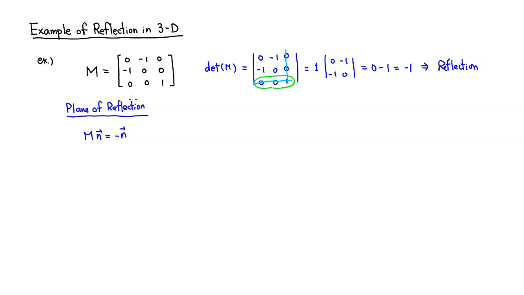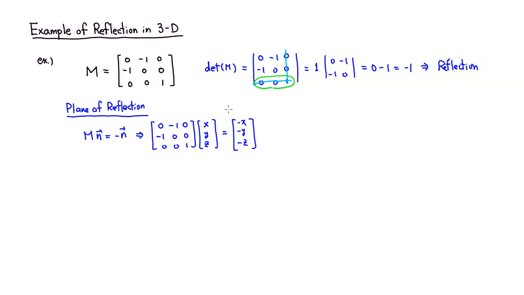Let's try to find that. In this particular case, we have the matrix 0, -1, 0, -1, 0, 0, 0, 0, 1. Then you apply it to this normal vector, which we don't know yet, so we're going to call it x, y, z. We want this to be the negative, negative x, negative y, negative z.